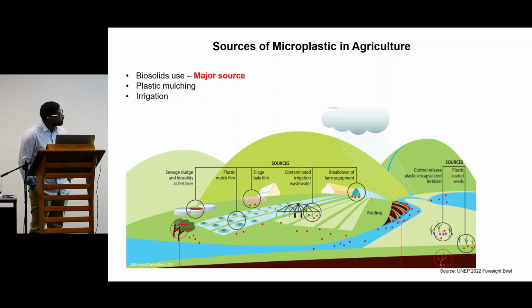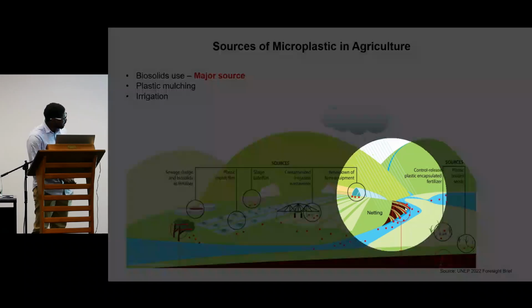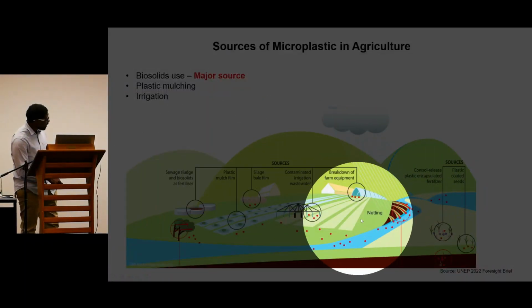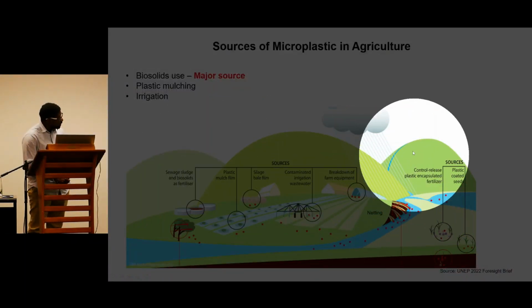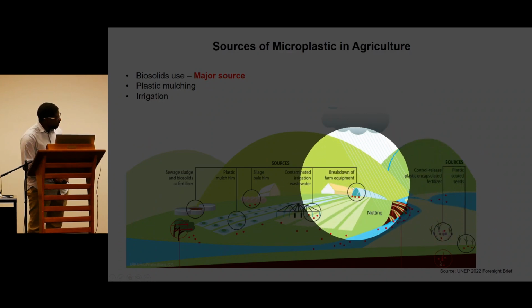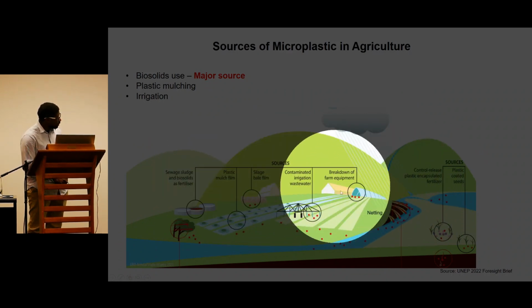So, the benefits in the use of plastics extends to agriculture as well. And if you look at this diagram, you can see that there are different sources of microplastics on agricultural soil.